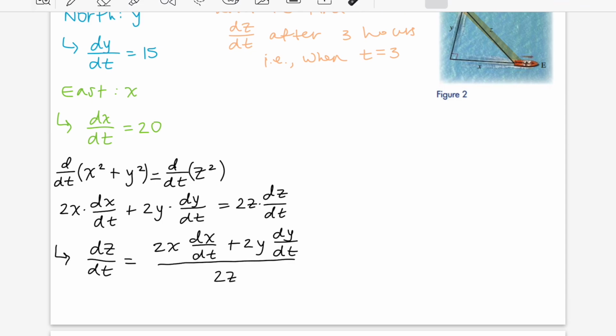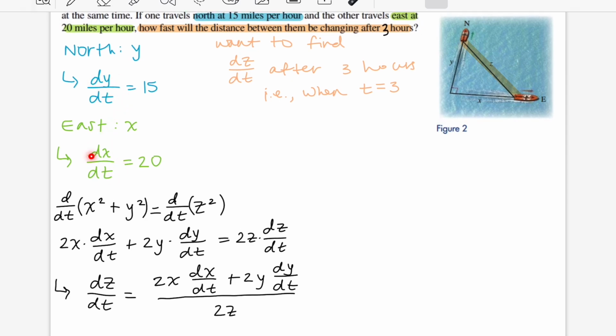All right. Now we were given dy/dt and dx/dt, so we can plug that into our equation here. But we weren't given any information for x and y.